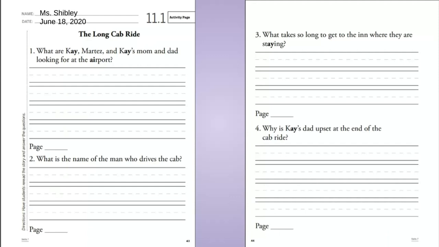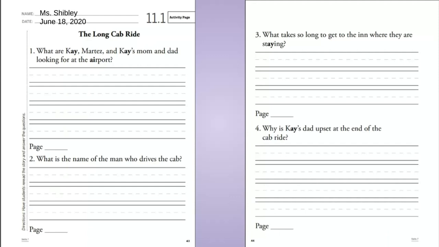So now we're going to answer our questions on activity page 11.1. And on the bottom of the page it says page 43. Today's date is June 18th, 2020. Number 1.